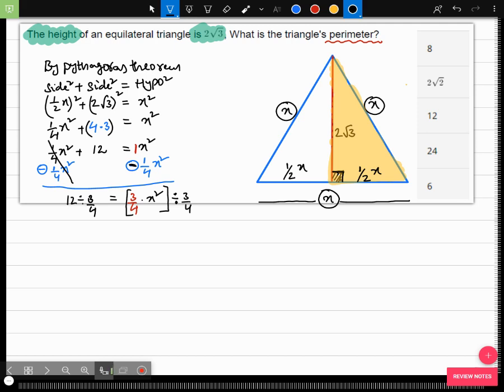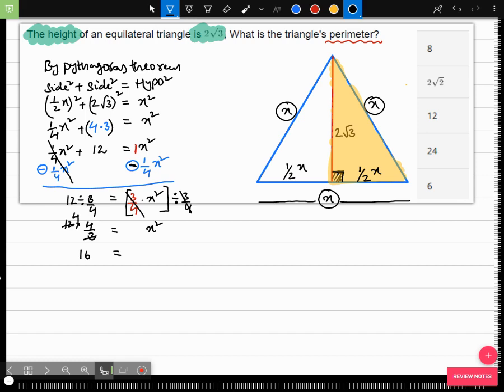So what happens is, division means we go for reciprocal. Here 3/4 and 3/4 get cancelled. Then x square equals, division means we take the reciprocal, which is 4 over 3.